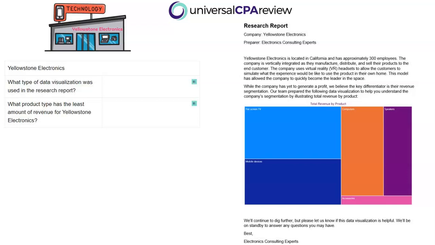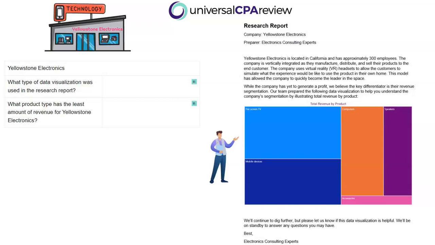Now, as you can see, there's this big blob of chart, right? And ultimately, the first question we need to answer is what type of data visualization was used in this research report. So when I look at it, right, I see the different products, and it looks like the size of the box is supposed to represent some sort of proportion, right?